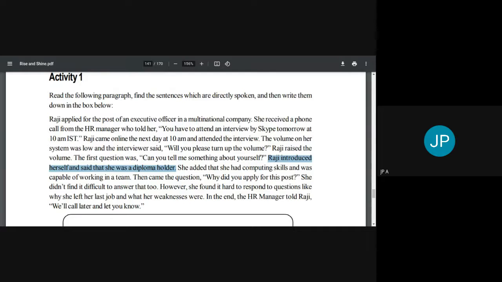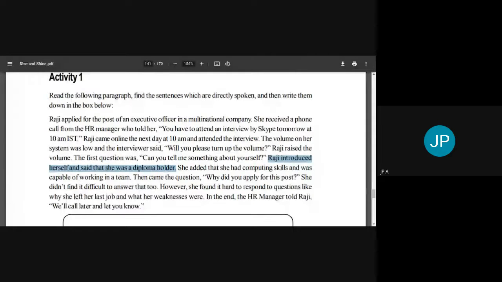That is called reporting. So look at the difference in the structure of the sentences. Even the words used change. Raji said, I am Raji, I am a diploma holder. When I report it, it is said that Raji introduced herself and said that she was a diploma holder.